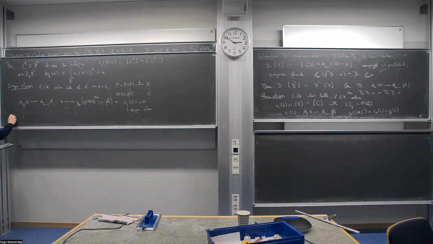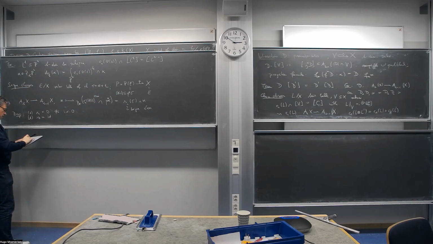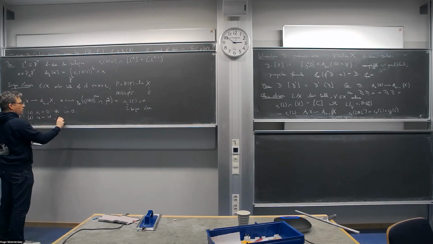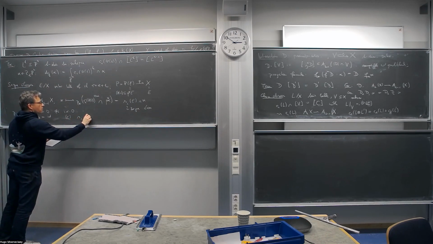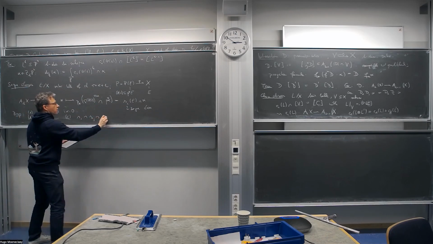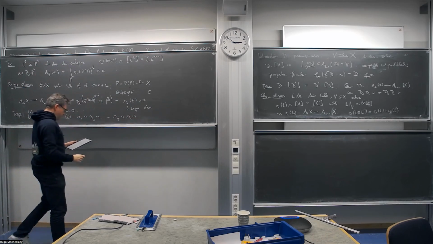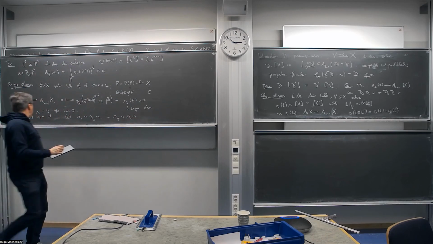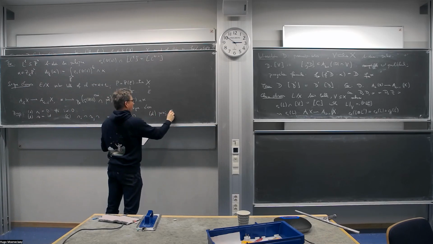Okay, and we have a number of propositions. A: s_i equals 0 for i being less than 0, and B: s_0 is the identity. And then we also have C: when we take the operations, it doesn't matter in which order we take them. And we also have the projection formula.